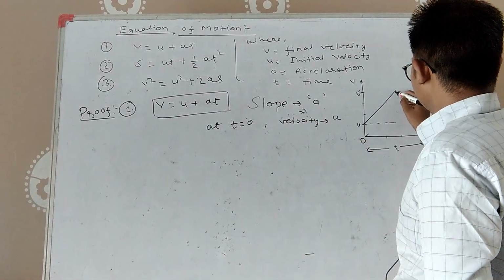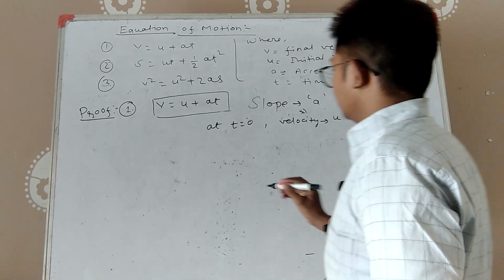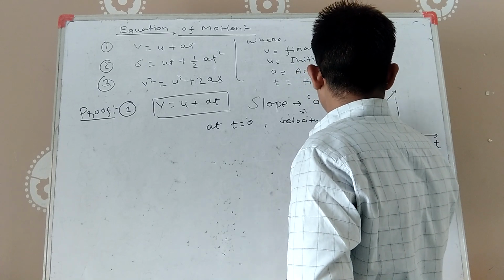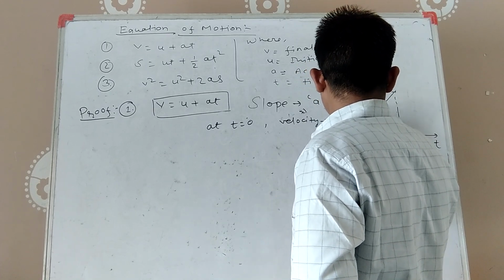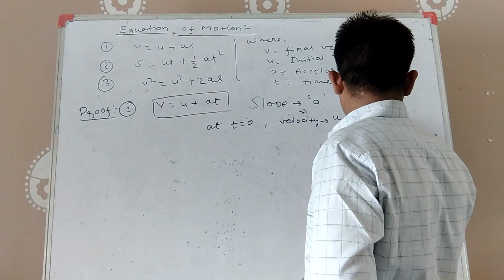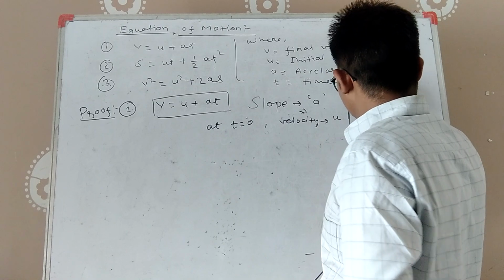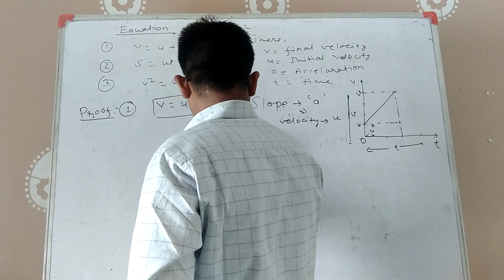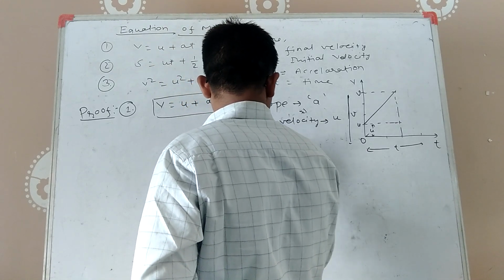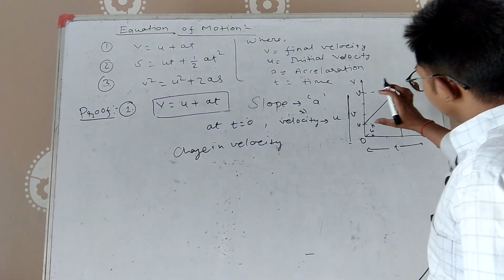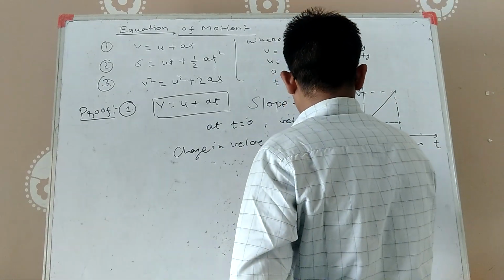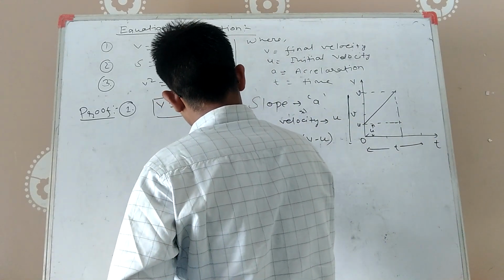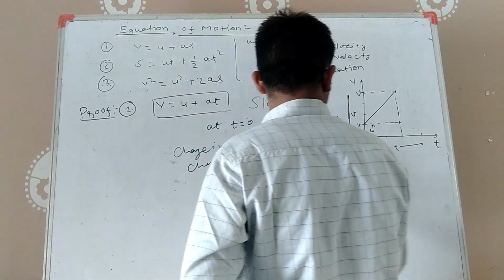If we find the slope, we have to see what the change in the y axis is. This is v and this is u. So in this interval, the change in velocity in time t is v minus u, the change in the y axis. And the change in time is represented on the x axis.